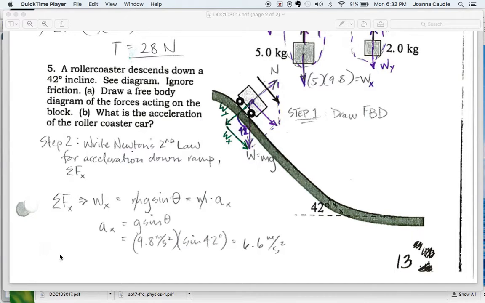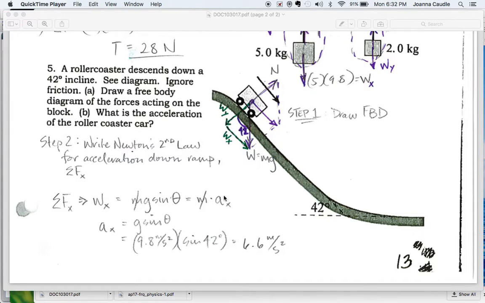Solve for the acceleration down the ramp, and we get the net force. The only force acting on the car is the acceleration due to gravity in the x direction, which is mg, the weight of the cart, sine theta. So it's this component right here. And we set that equal to the mass times the acceleration of the cart.